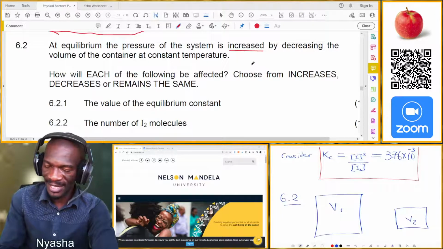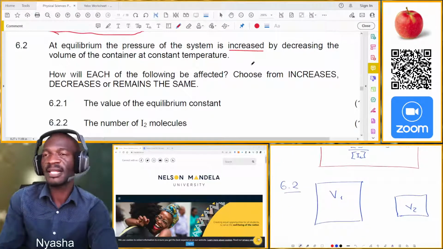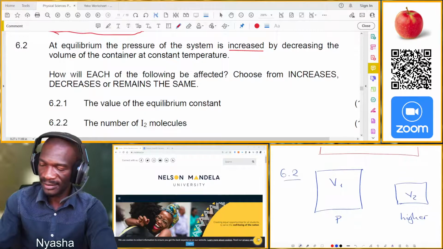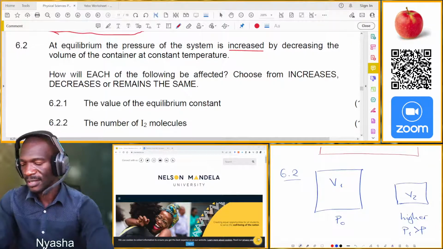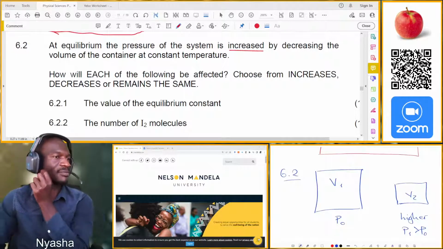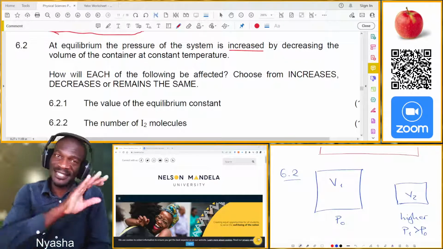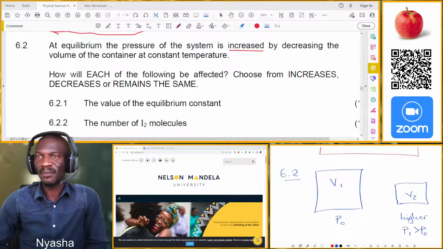This is our container with some pressure P, and then this is the container with higher pressure. P1 is greater than P naught. Right. So how will each of the following be affected, right? So yeah, the temperature is the same. You're not changing the temperature of this process.